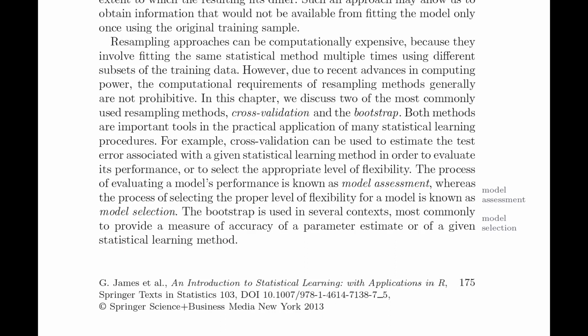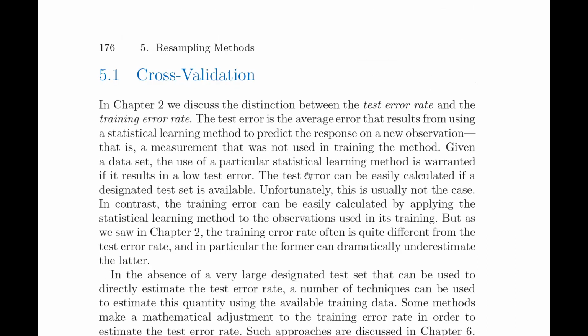That trade-off between bias and variance. We could go back to chapter 2, but let's continue reading on for the time being. The bootstrap, so now this is not cross-validation, this is bootstrap, is used in several contexts, most commonly to provide a measure of accuracy of a parameter estimate or of a given statistical learning method.